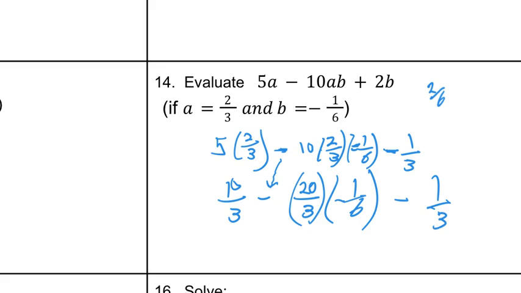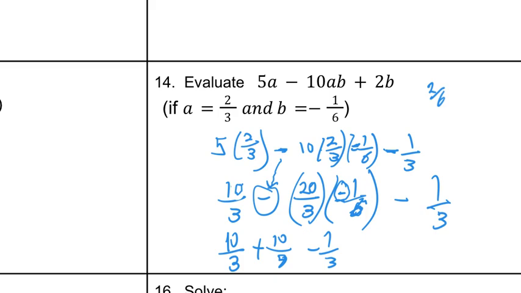So 10/3, this looks like 20/18, which would be 10/9. And it's a minus a negative, because of this one and this one. And 20/3 times 6 is 18. 20/18 is 10/9. And I have minus 1/3.